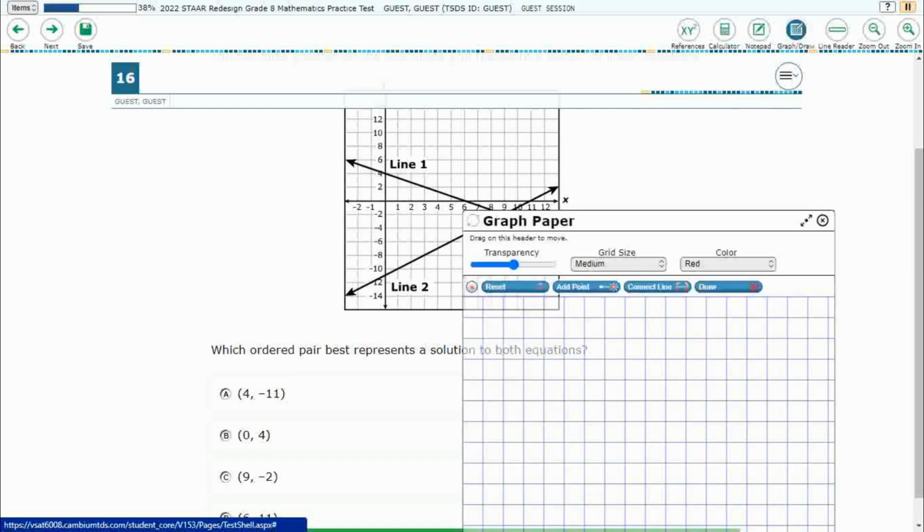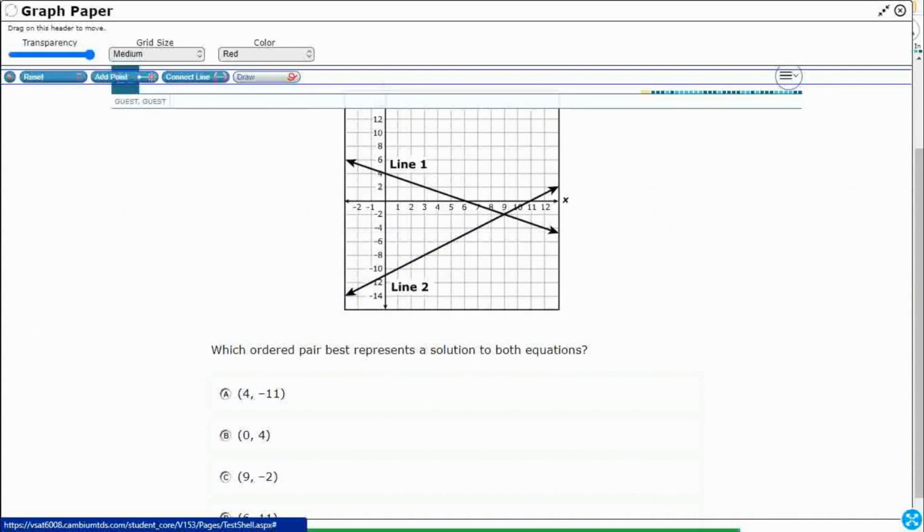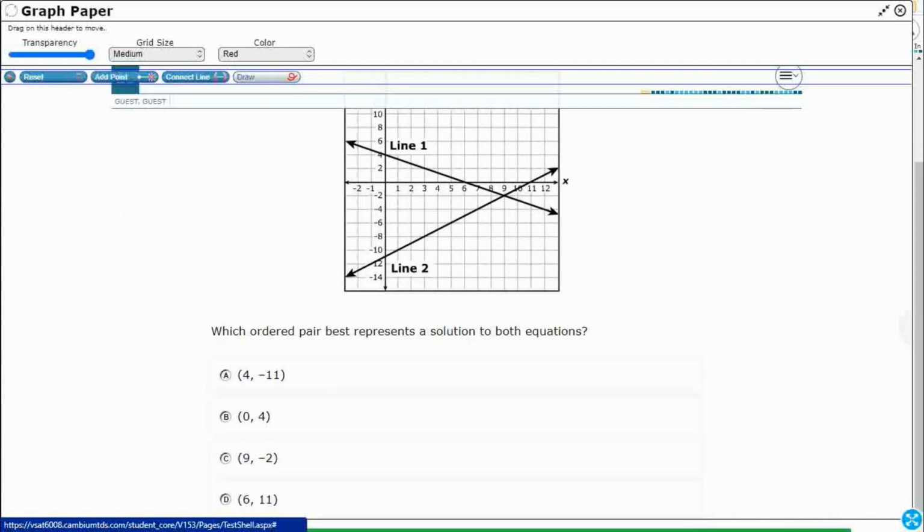Well, it's actually fairly simple if you know what you're looking for. But if we don't know what we're looking for, the first thing we can do is at least graph these 4 points. Let's see what happens when we do that. So we've got 4, negative 11. You notice it is 4 quadrants, but skewed a little bit to the right, and that's fine.